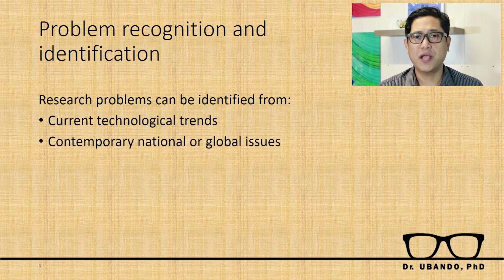Next, we can look at some of the contemporary problems that we are facing, both in the national or in the global arena. Nowadays, we have climate change as a big issue or problem in the engineering field. So we may look at perhaps the reduction of carbon dioxide emission as a mechanical engineering project.